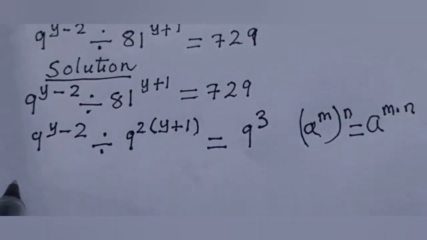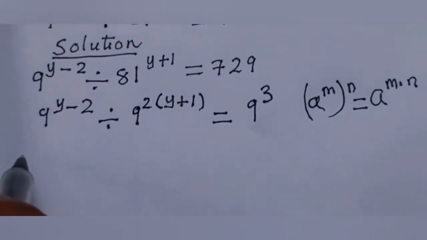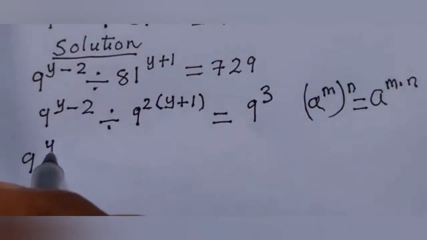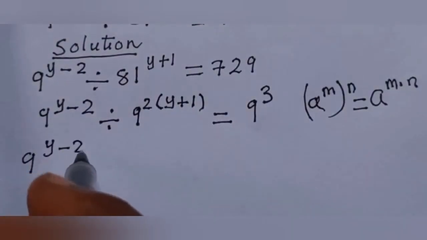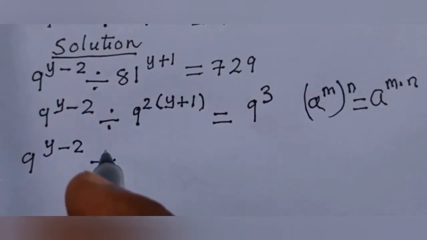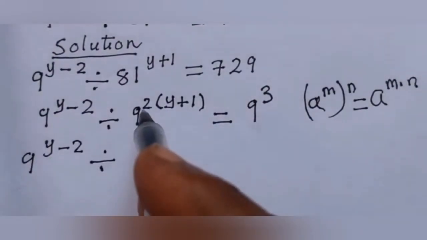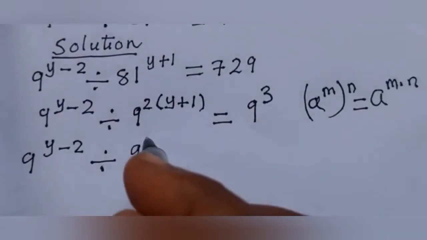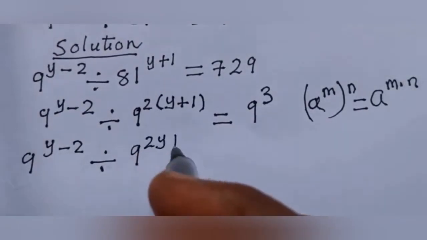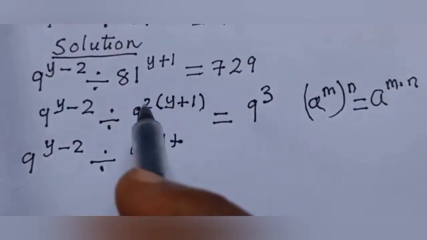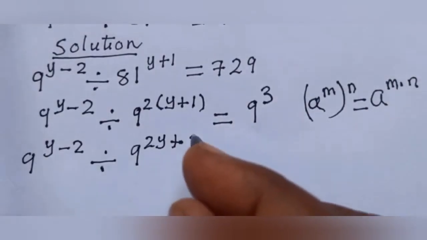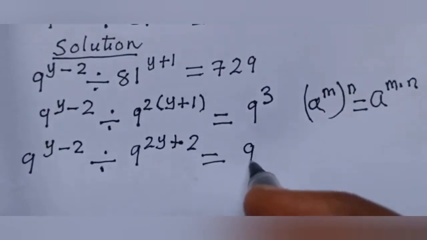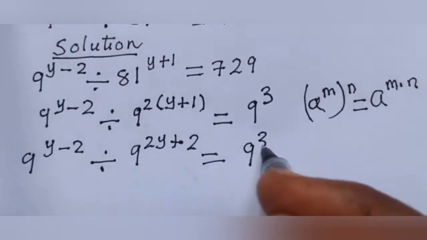So we have 9 raised to power y minus 2, divided by 9 raised to power, 2 times y, we get 2y, plus 2 times 1, we get 2, equals 9 raised to power 3.